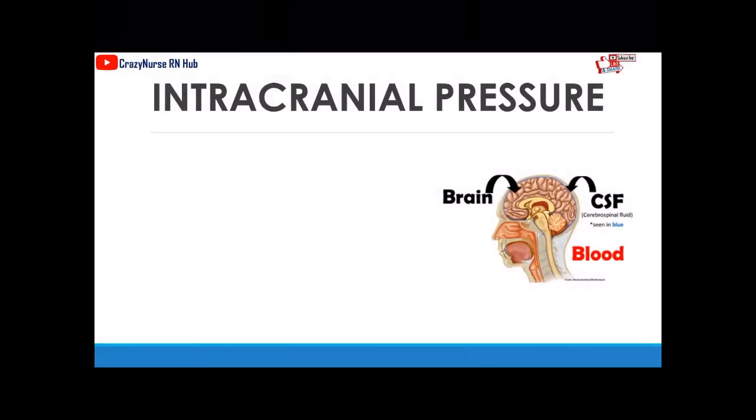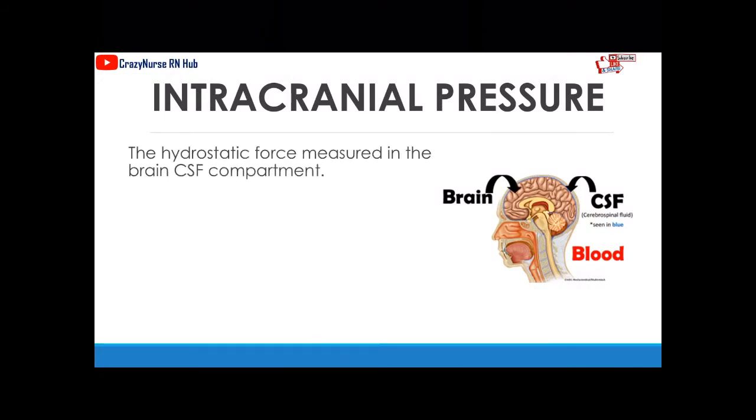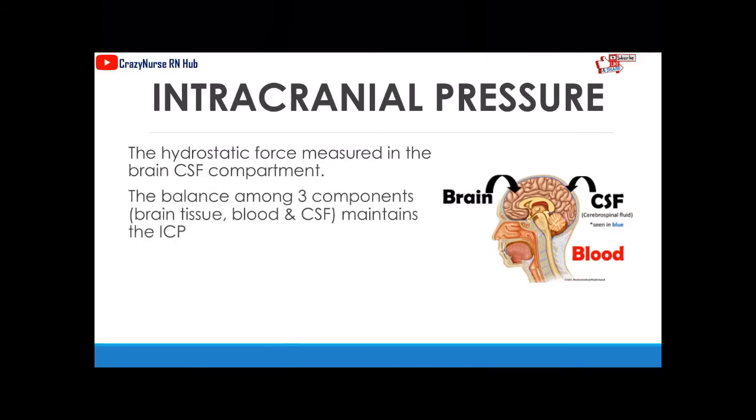First, let's have your intracranial pressure. Intracranial pressure is the hydrostatic force measured in the brain CSF compartment. Under normal conditions in which intracranial volume remains relatively constant, the balance among the three components, the brain tissue, the blood, and CSF, maintains the ICP.